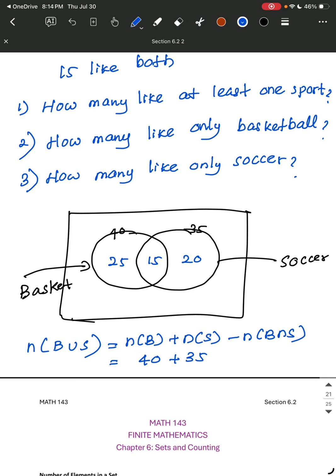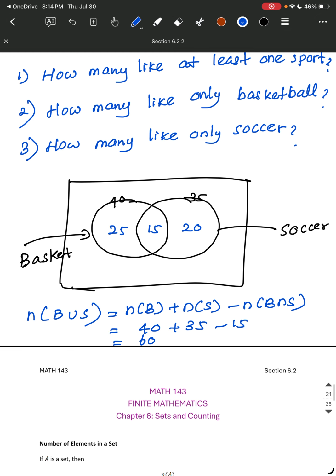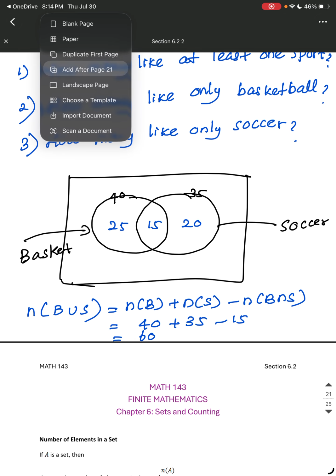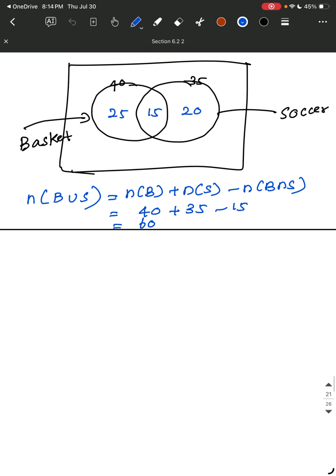How many? 60. If you wanted to check it, you can add all three spaces, 25 plus 15 plus 20, 60.